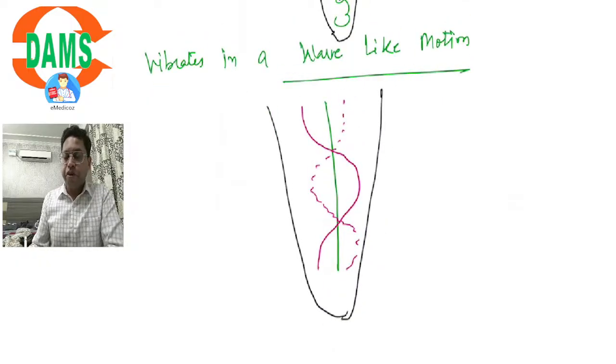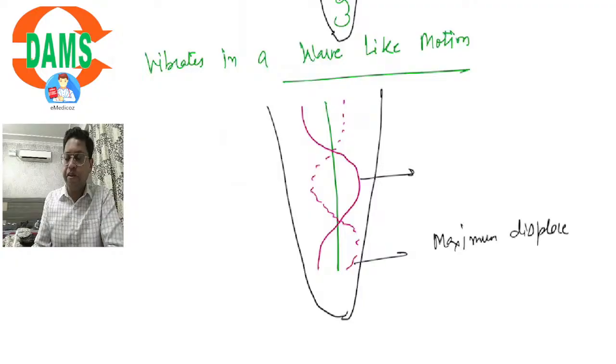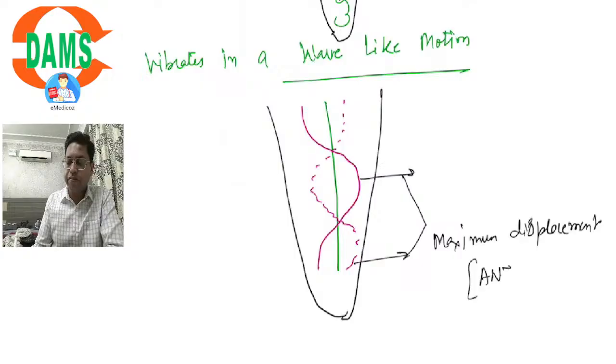So there would be points of maximum displacement of the file. Maximum displacement means from its resting position, the file would move to a maximum amplitude. These points of maximum displacement are called antinodes.